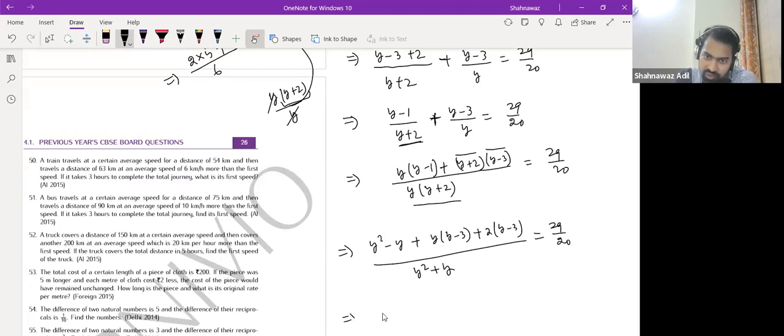So this would give us y square minus y plus y square minus 3y plus 2y minus 6 divided by y square plus y equals 29 by 20.